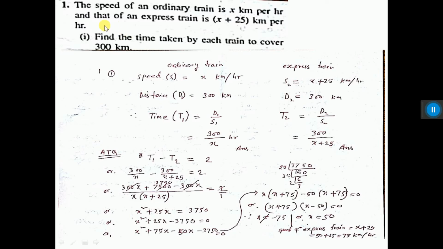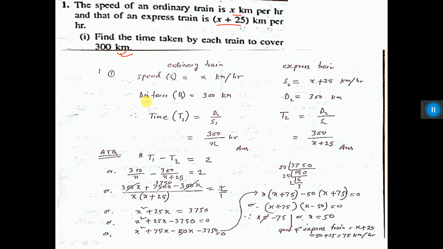See sum number 1. The speed of an ordinary train is x km per hour and that of an express train is x plus 25 km per hour. Find the time taken by each of the trains to cover 300 km.